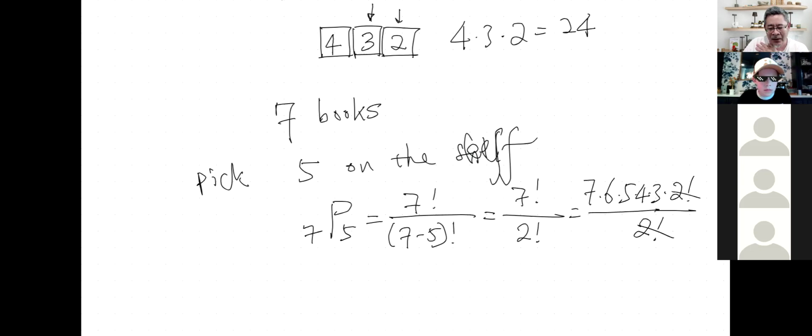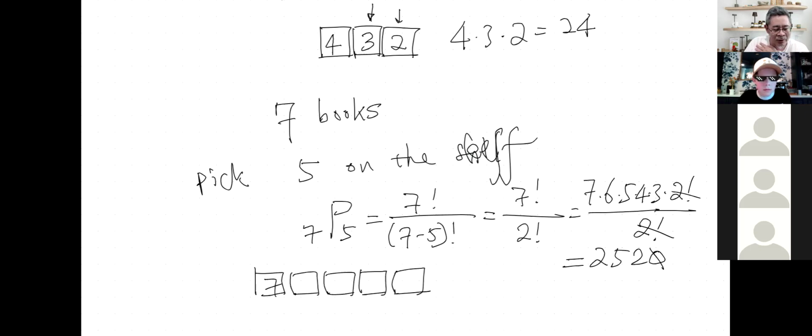So we got 2,520. And again, if you want to try, you can see that you got 5 on the shelf. The first one is 7, then once this book is picked, you have 6 left, then once those two are picked, you have 5 left, then 4 and 3, exactly like what they're here. And we'll get that. Okay. Are we good on this one?